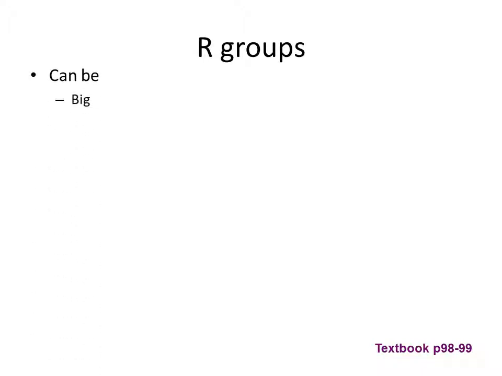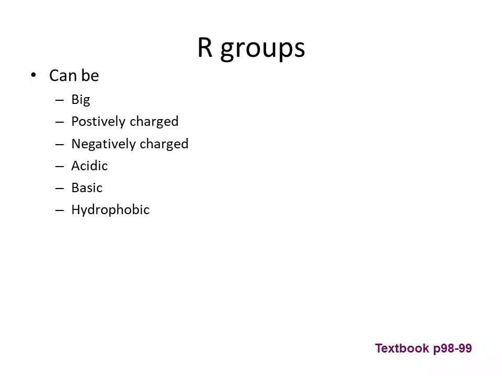So they could be very big, they could have a charge on them, maybe a positive charge, they could have a negative charge. They might be acidic or they might be basic, and that would make the amino acid either overall acidic or overall basic. They could be hydrophobic, so not easily soluble in water, or they could be hydrophilic.